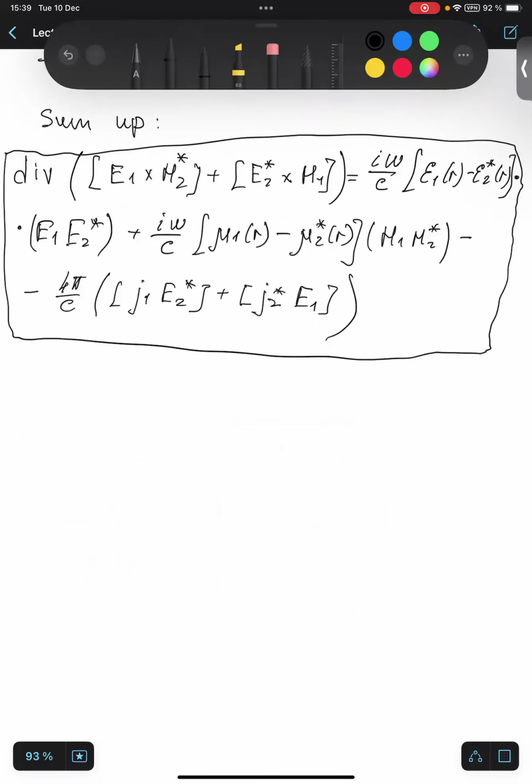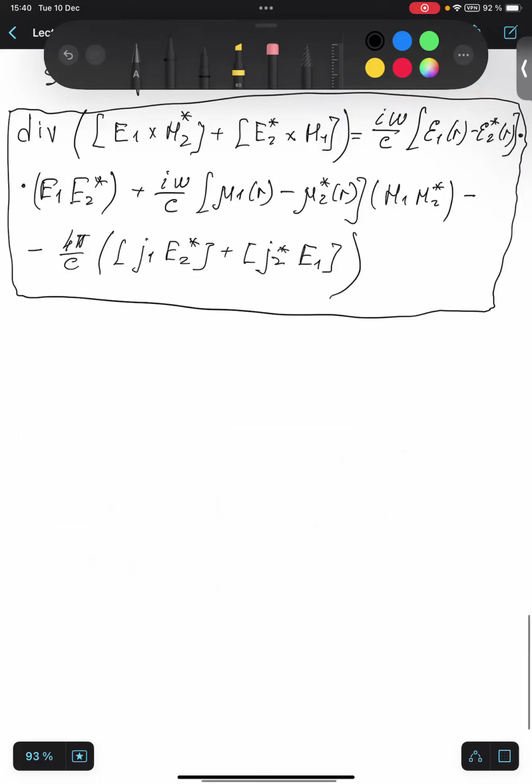So now let's consider some waveguide. I will try to draw it. We have some waveguide; actually, it could be of arbitrary shape.